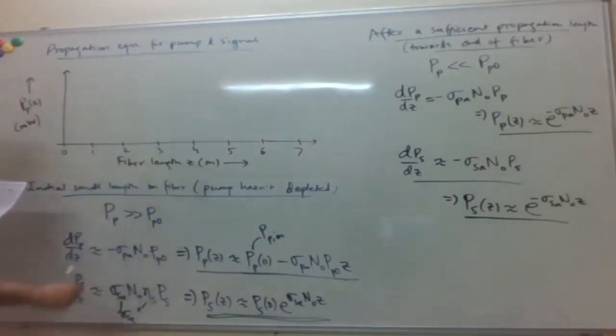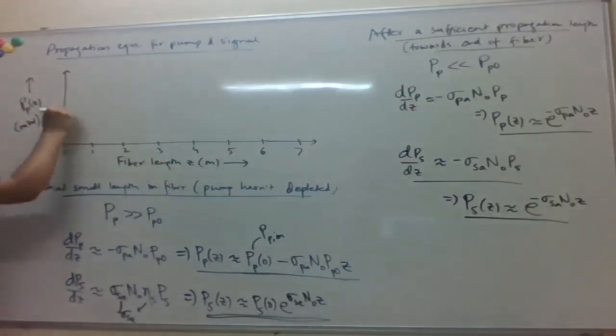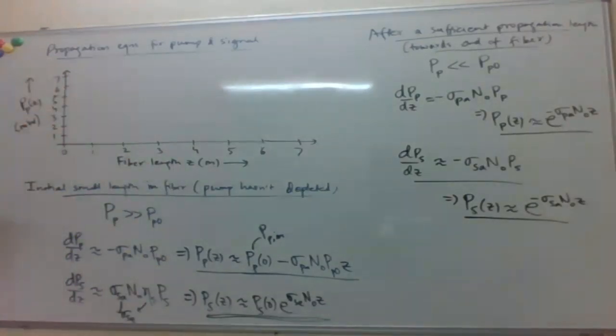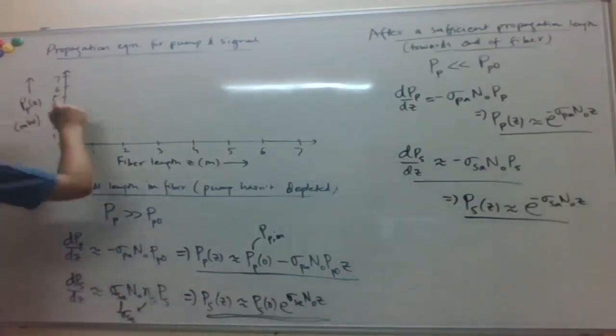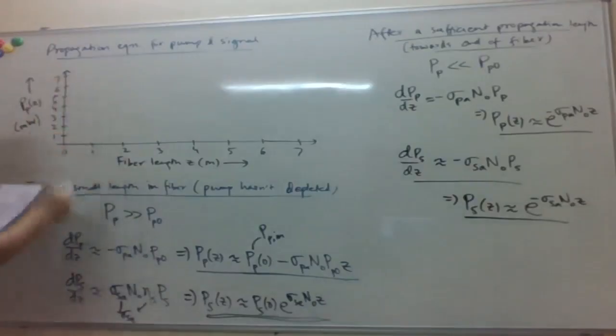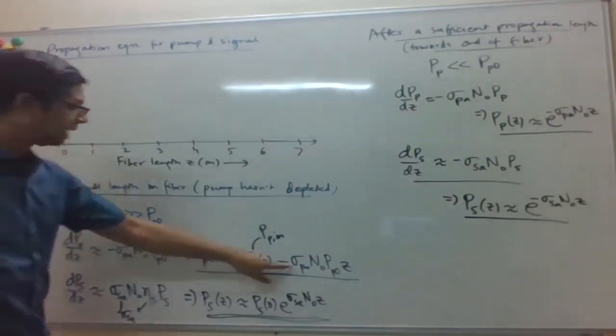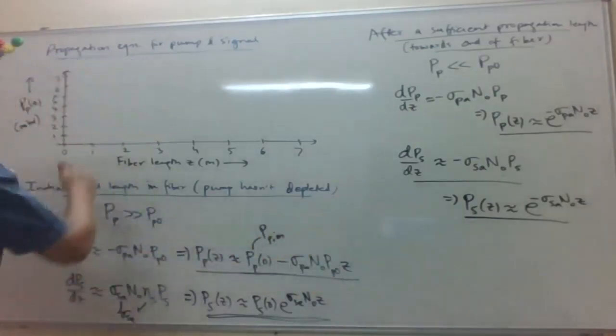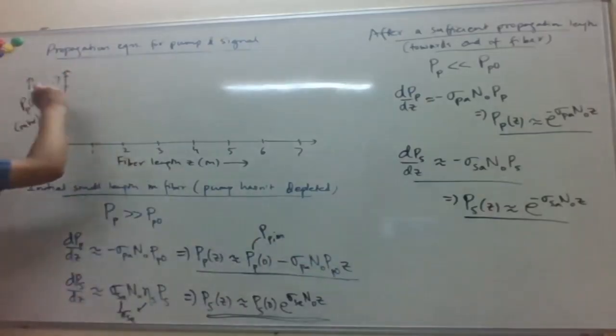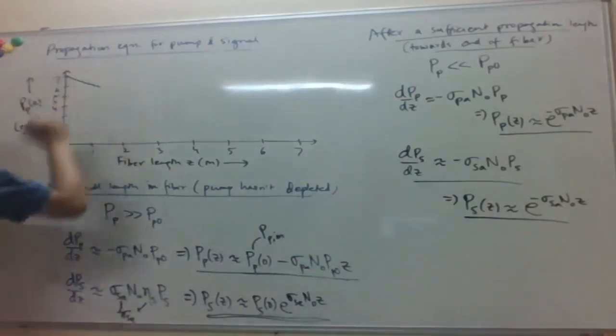The x-axis is fiber length in meters, the y-axis is pump power in milliwatt. Depending on the initial pump power, along the first part of the fiber the pump decreases linearly with length. So let's say we start with 7 milliwatts at the input, the initial decrease is linear.